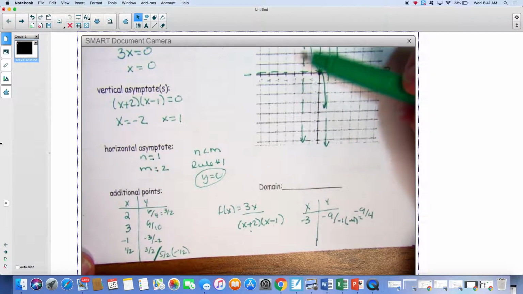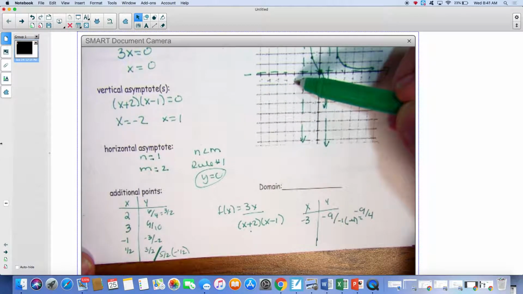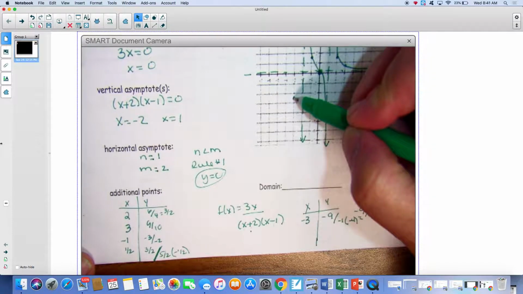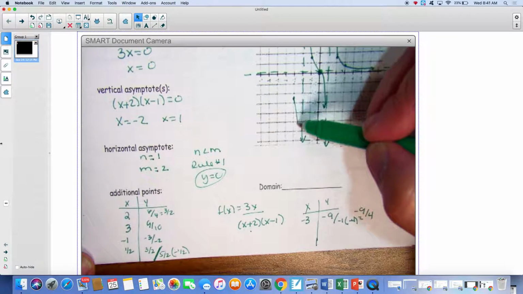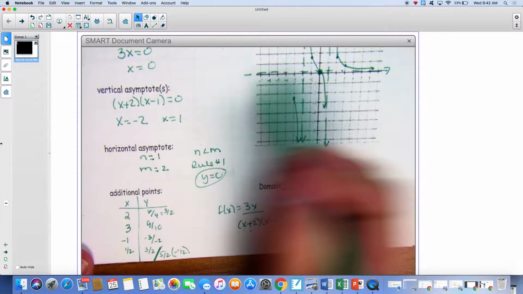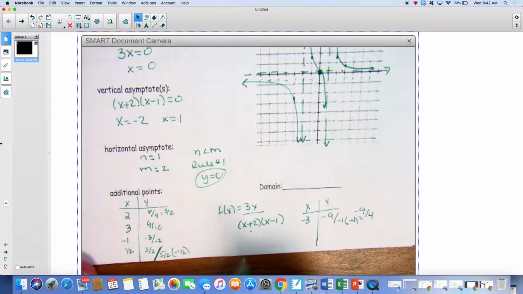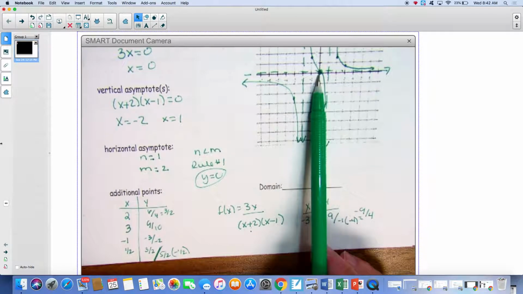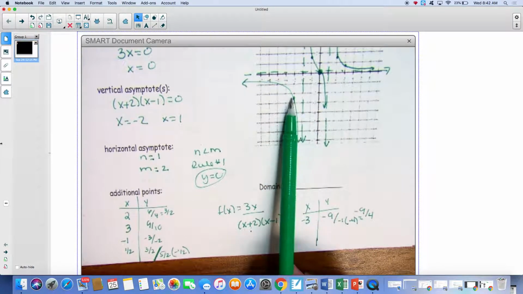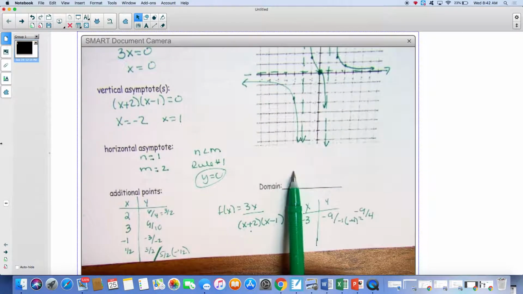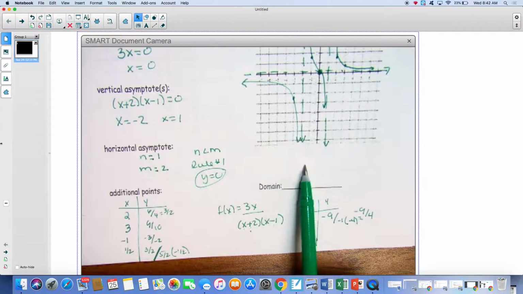So -3, -9/4, that's 2 1/4. Remember, I cannot cross this horizontal asymptote again. I know that this graph is going to be below that horizontal asymptote. I know I'm never going to cross it again. I can only cross it at the x-intercepts. Since this is down here, everything else has to be, and we always approach asymptotes.